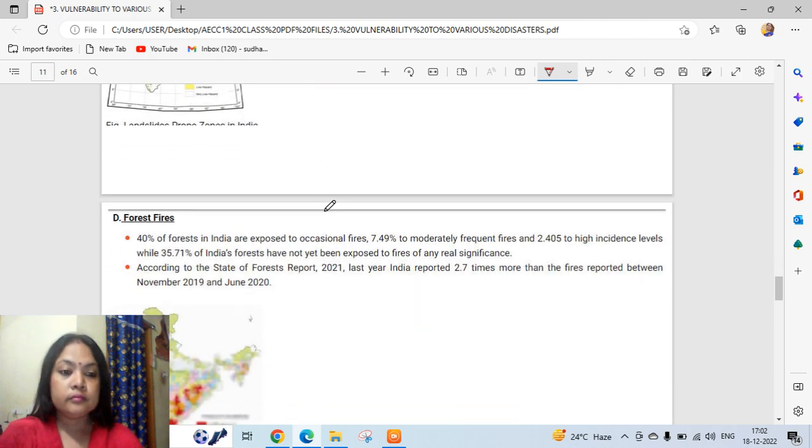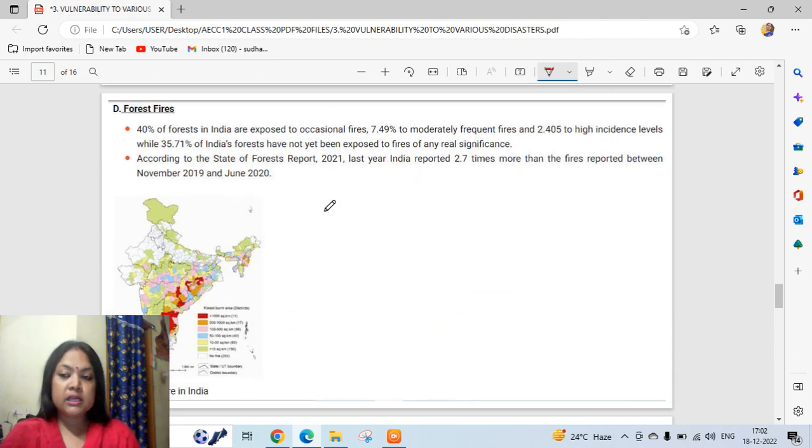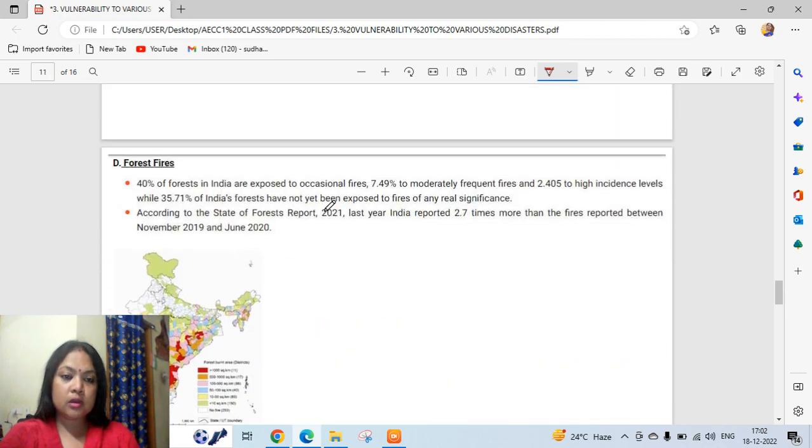Okay. Then forest fire, it is another important disaster. So 40% of forest in India are exposed to occasional fires, 7.49% to moderately frequent fires, and 2.40% to high incidence levels.